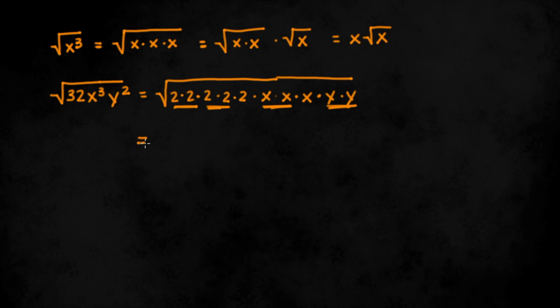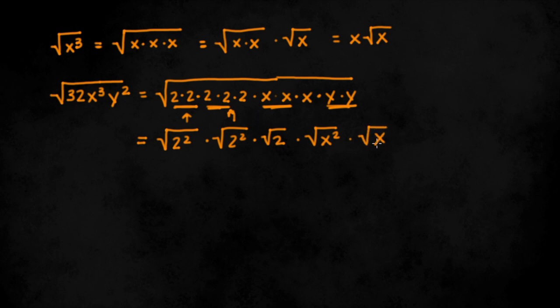We can rewrite this for better visualization as the square root of 2 squared times the square root of 2 squared times the square root of 2 times the square root of x squared times the square root of x times the square root of y squared.